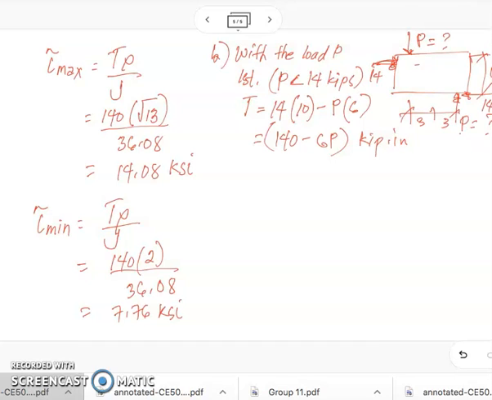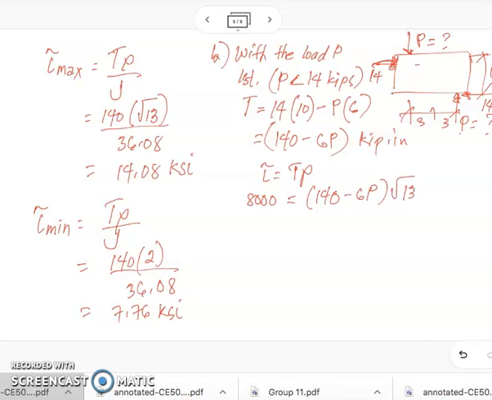If we substitute into our equation tau equals T times rho over J, we have 8,000, the allowable shearing stress, equal to 140 minus 6P times rho, which is the square root of 13.